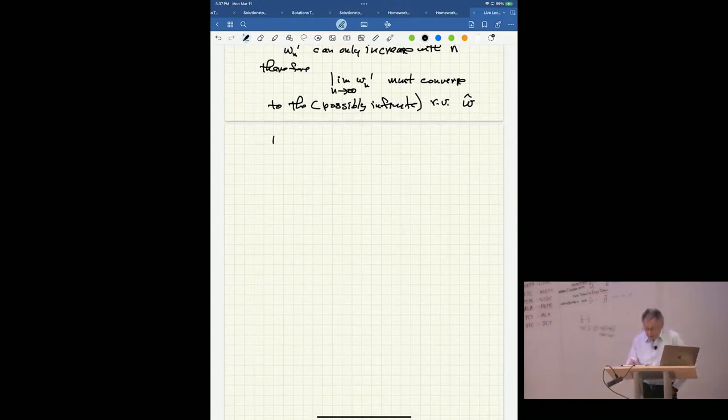Now, this embedded Markov chain is ergodic, as I said before, if with probability 1, the waiting time is finite in the limit.